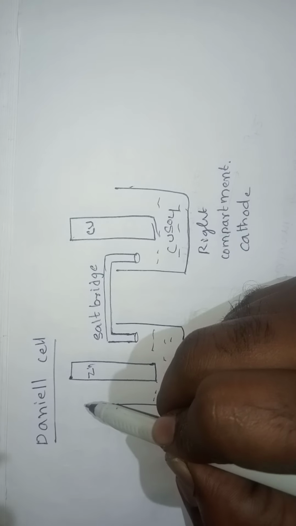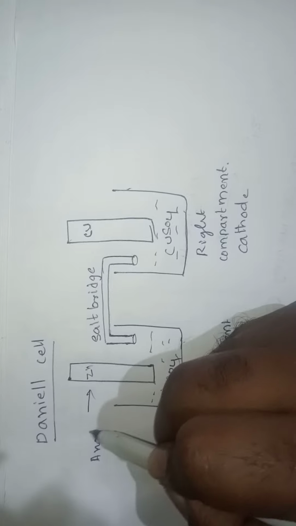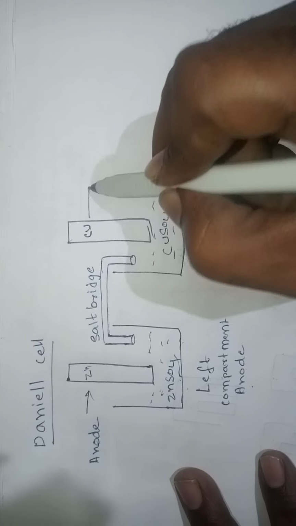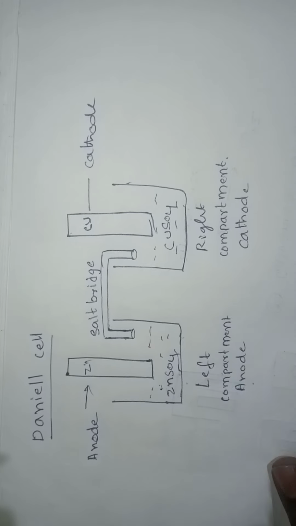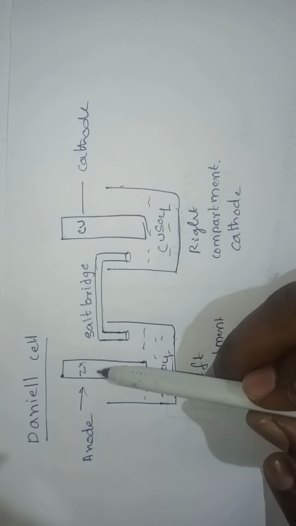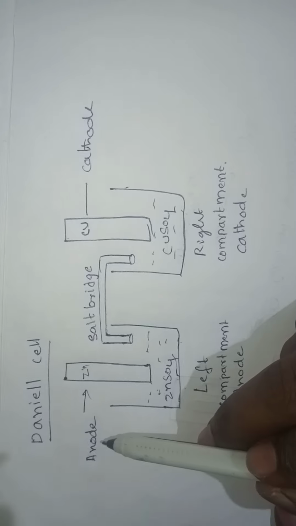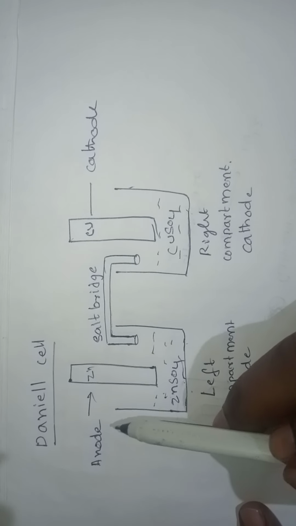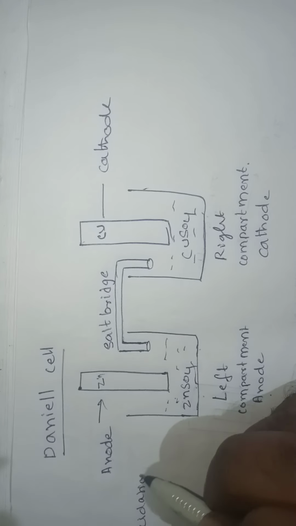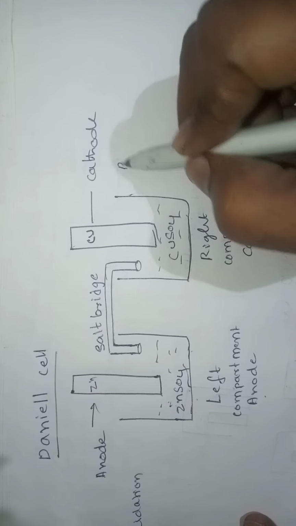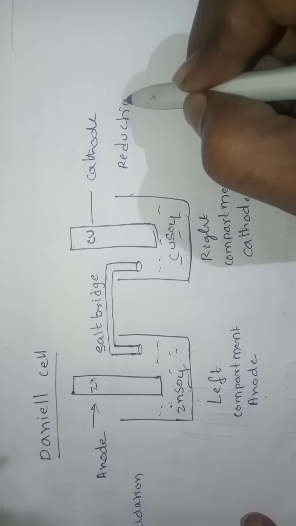The zinc rod acts as the anode. The copper rod acts as the cathode. At the zinc rod, oxidation reactions take place. At the anode, oxidation reactions take place. At the cathode, reduction reactions take place.